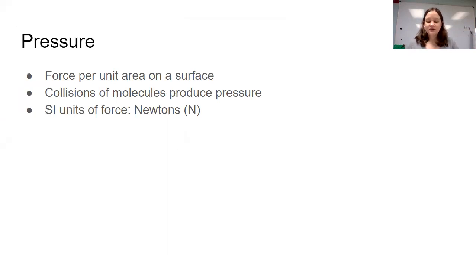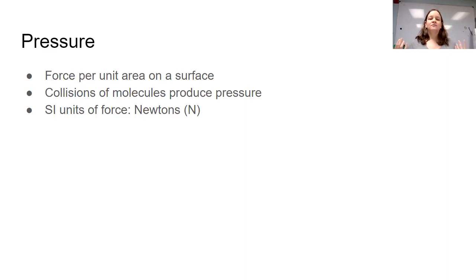The SI units of force are newtons, so we usually express it as newtons per meter. But we have several other units that we can use as well that are actually more commonly used, and we'll talk about those here in just a minute.